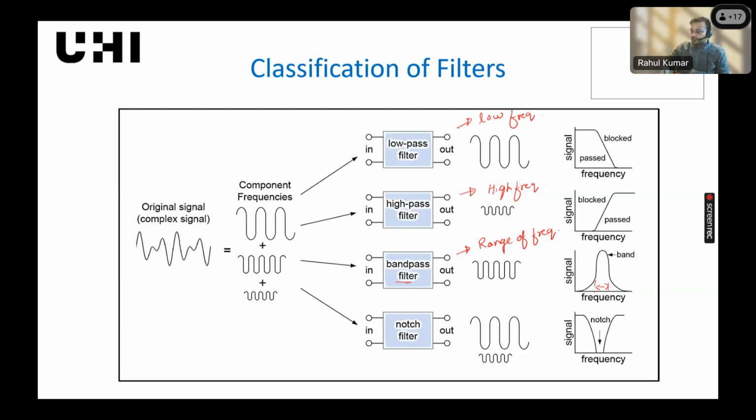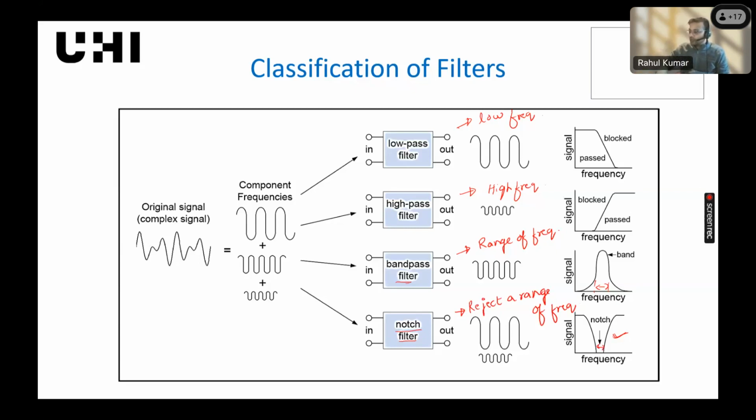The opposite is the case for notch filter. As you can see from this response, it will reject a range of frequency. Okay, so as you can see here, it's rejecting or removing a band or a range of frequency.